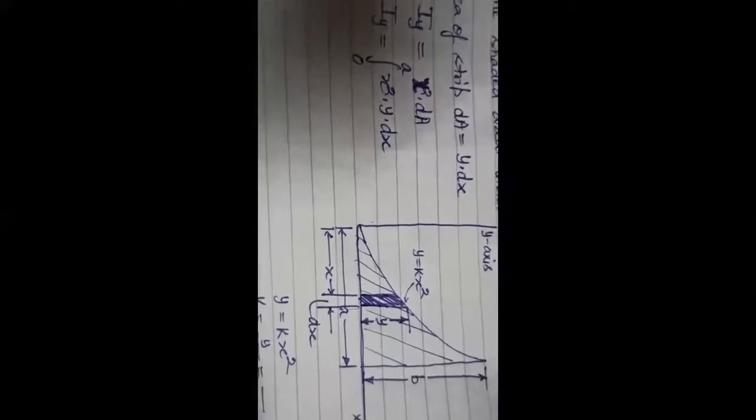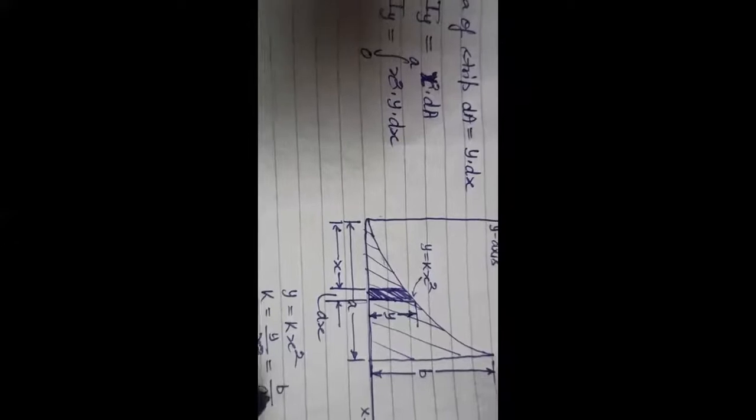Now y is equal to kx square, and k is equal to y upon x square. Now putting the value of x and y: if x is equal to a, then y is equal to b. So k is equal to b upon a square.